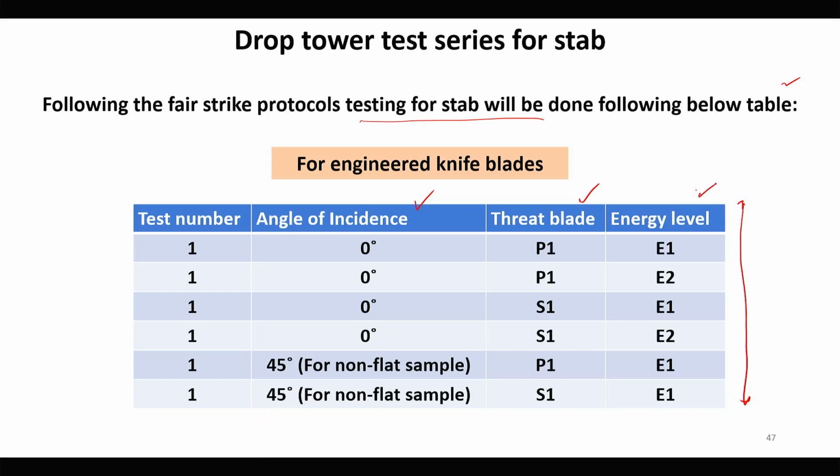So, for test number one, the angle of incidence is 0 degree, threat level P1, energy level E1, with blade P1. We can also use blade S1, for which energy levels E1 and E2 can be used, and blade P1 with energy level E1 for the pointed one.